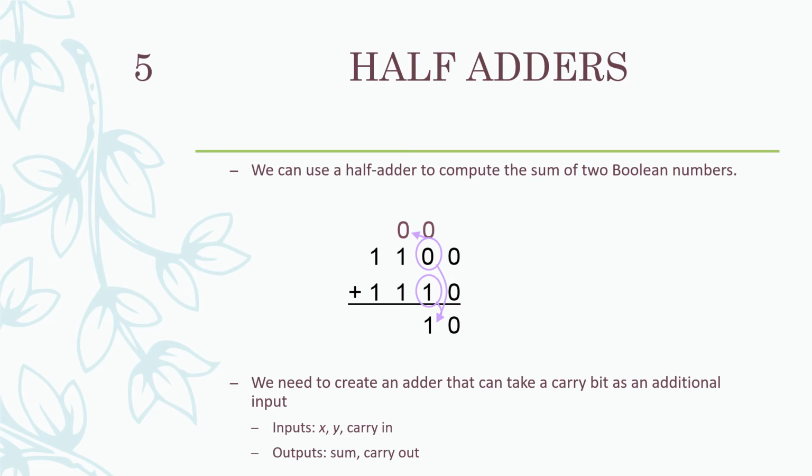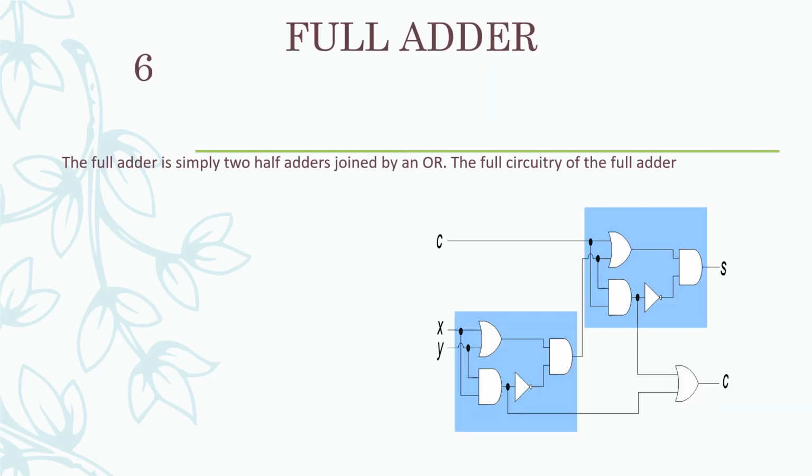In the next step, we have 1 plus 1. And 1 plus 1 is 0, carry 1. So here we have 3 times 1. Isn't it? Now what will be there? It would be difficult for us to take 3 inputs, and that's why we require an additional bit.